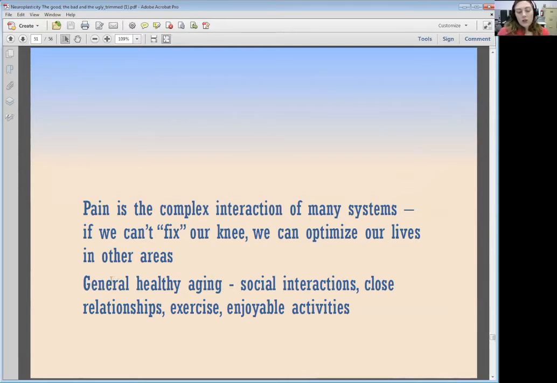So it's important to remember that we're more than our knee and pay attention to general healthy aging. Some of the things that have been shown to be particularly important for aging well are having diverse social interactions, good close relationships, exercise, and also participating in enjoyable activities.